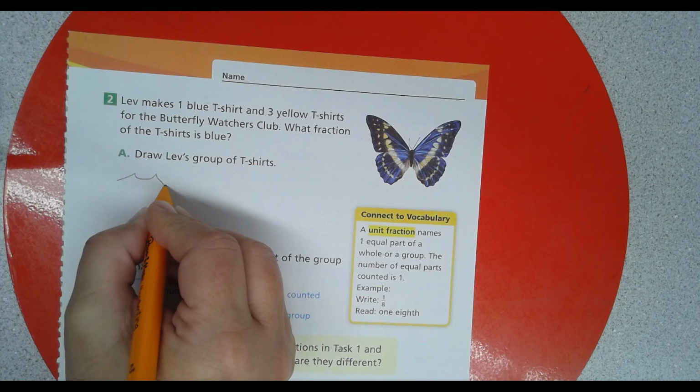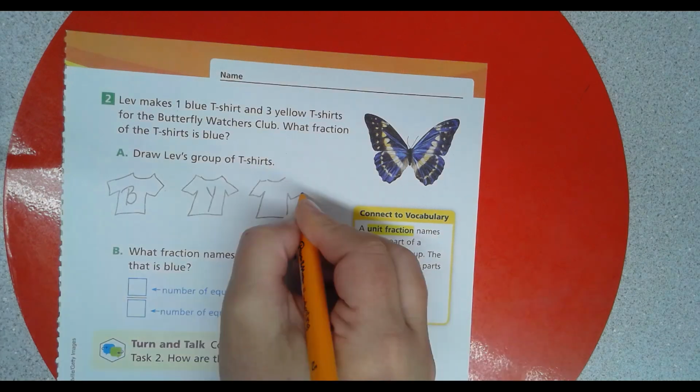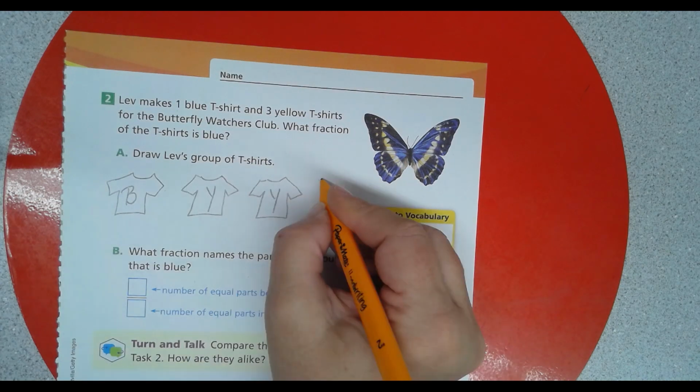Now, if you're not the best t-shirt drawer, where one arm's too big here, then you could always just draw some circles. And we've got to have 3 yellows. So there's one. See if I can draw 2 more of these. Don't you be laughing at my t-shirts.